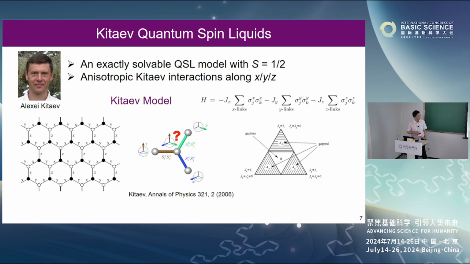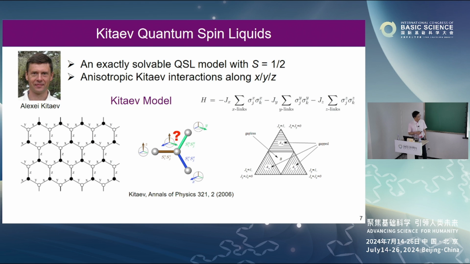This model is very simple and very beautiful, but the problem is that for an exactly solvable model, the dilemma is that often it is unrealistic, and this is also the case for the Kitaev model.